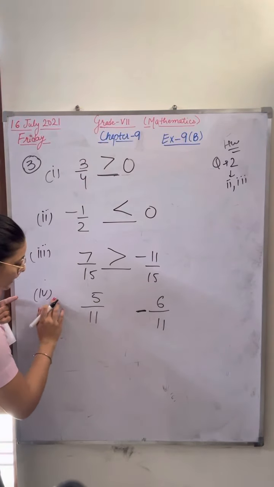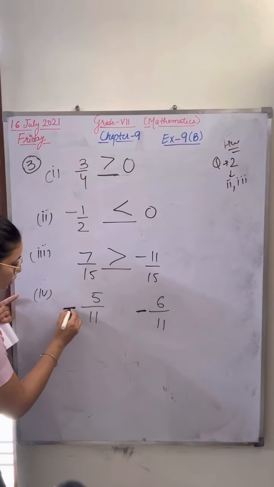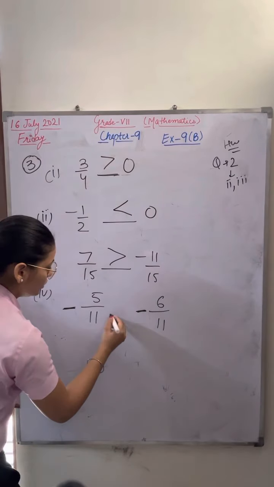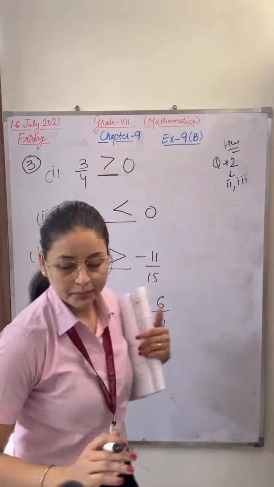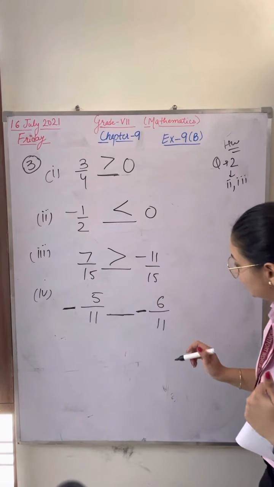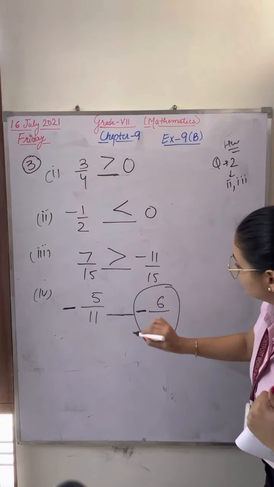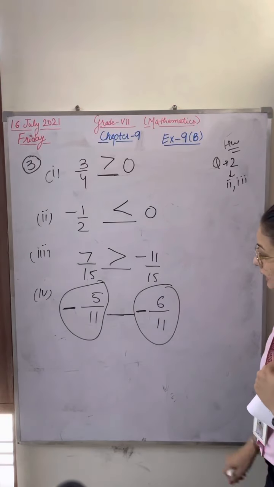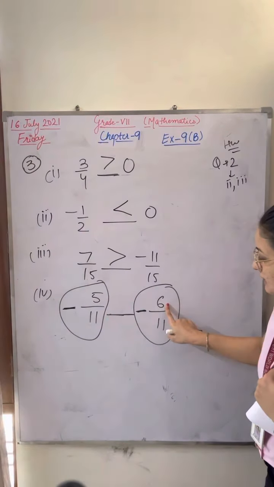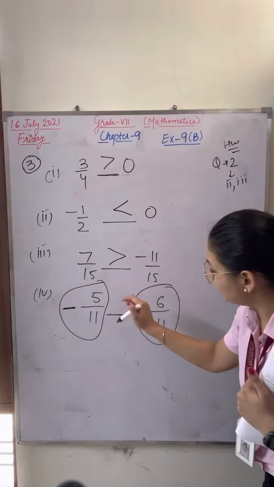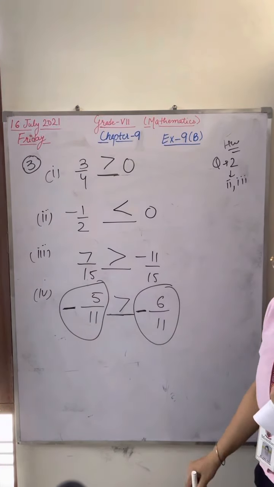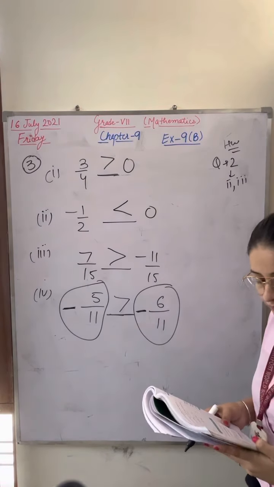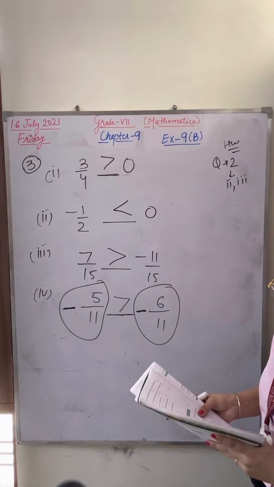If it is given in the numerator, again it means it is the common sign for the fraction. And one more thing I told you, in case of negative numbers, is minus 6 upon 11 bigger or minus 5 upon 11 bigger? 5 is bigger than 6 in case of negative. Understood? Third question understood by everyone?